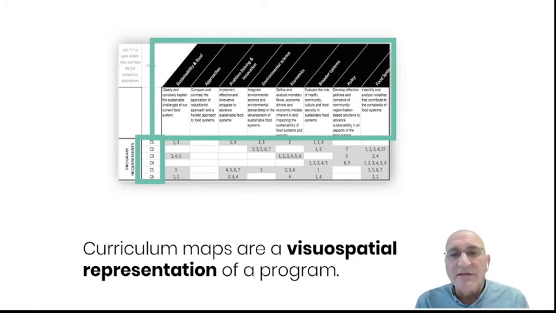Likewise, when I look at the last column on the right, food systems, and the related outcome, identify and analyze variables that contribute to the complexity of food systems, there seem to be a lot of course objectives. A lot of the courses are focused on this outcome. And that may be appropriate or it might not be. But it certainly seems to me, just on first glance at this curriculum map, that one of the outcomes is being under focused.